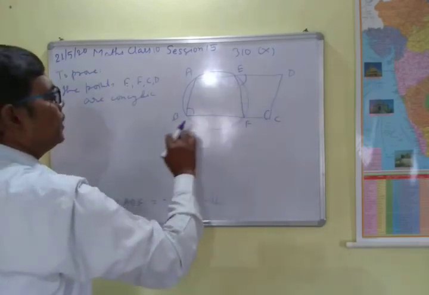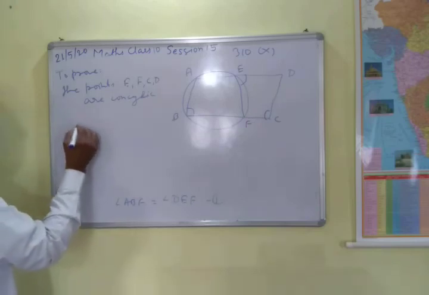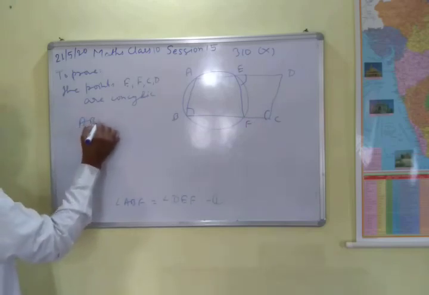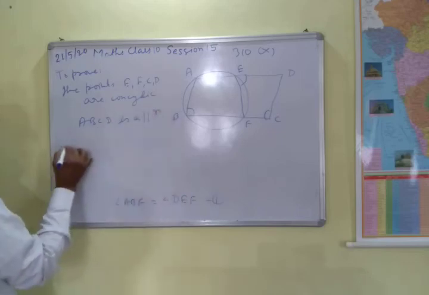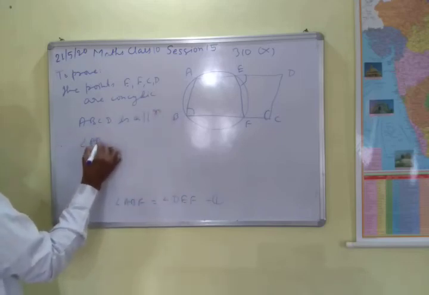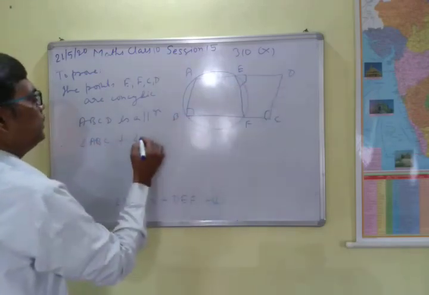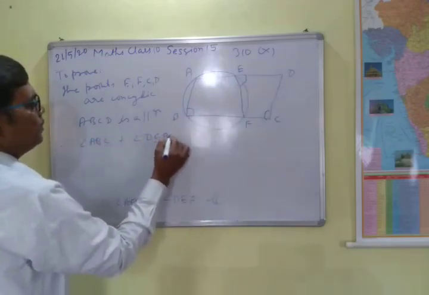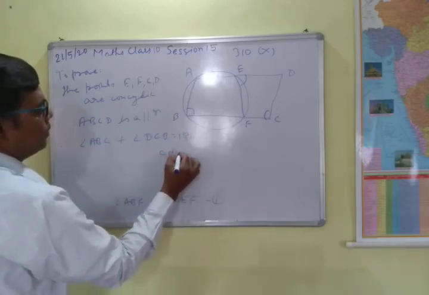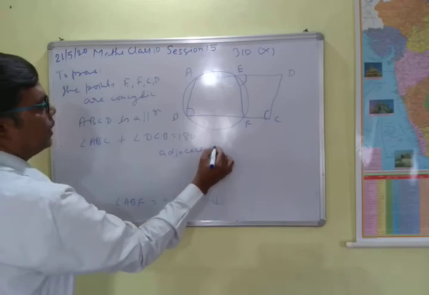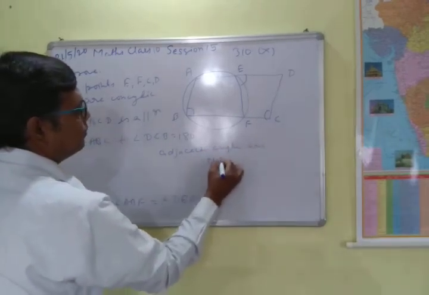Again here, because ABCD is a parallelogram, and therefore angle ABC plus angle DCB equal to 180 degree, that is adjacent angles are supplementary.